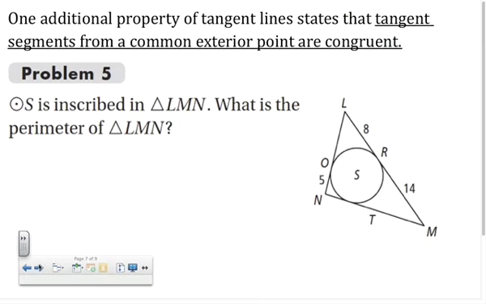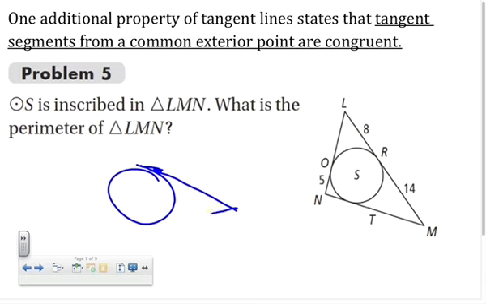Okay. The last property of a tangent segment has to do with segments being congruent. And before we get into problem 5, if you need a completely separate diagram from a problem in order to process new information, here's the diagram as well drawn as I can get it since my screen is not cooperating.